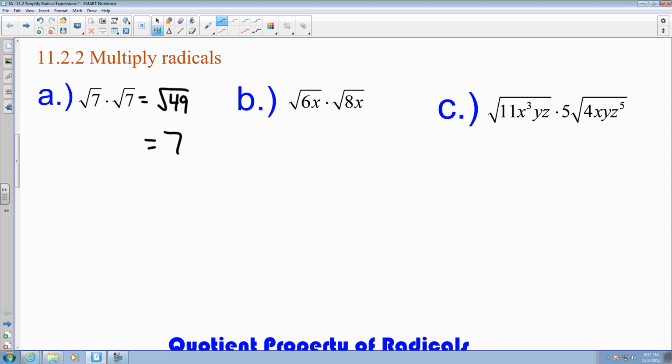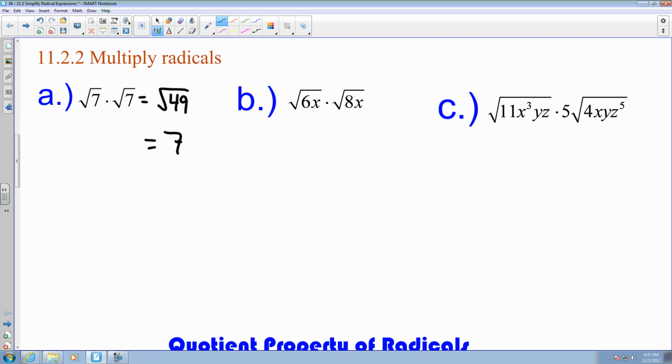So this is kind of important: if we multiply two radicals that have the same value inside the square root, their answer would be themselves without the square root. Keep that in mind.